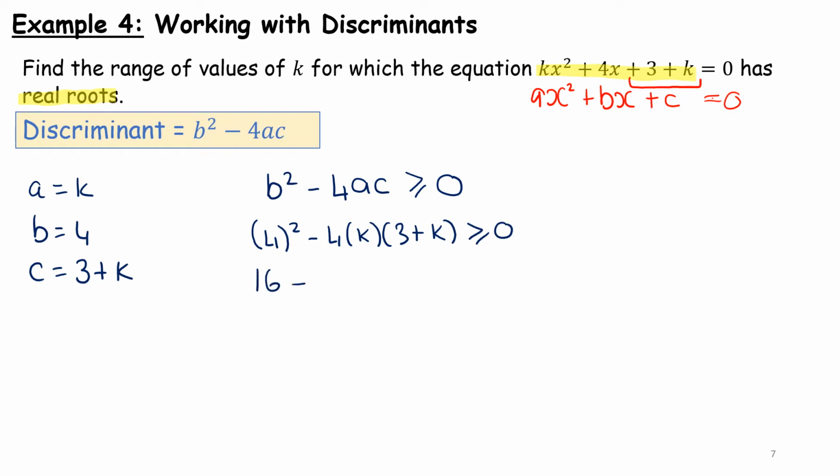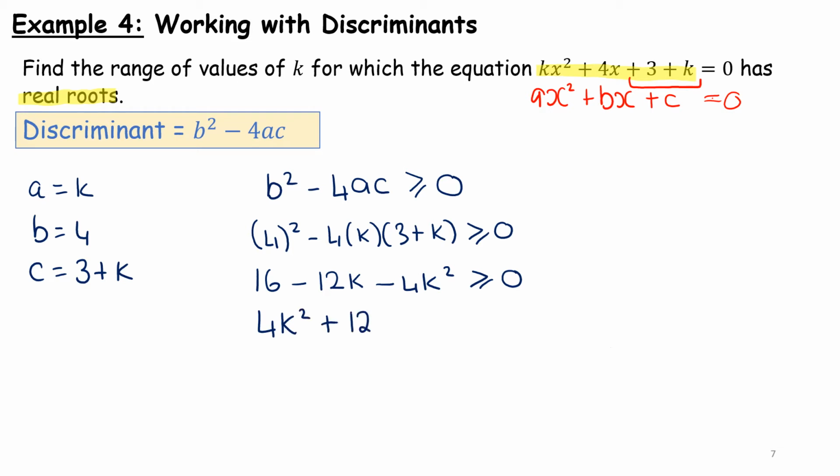That is 16 minus 12k minus 4k squared greater than or equal to 0. I have now a quadratic where we're working with k. I want to make sure I have a positive quadratic, so I'm going to change my signs.